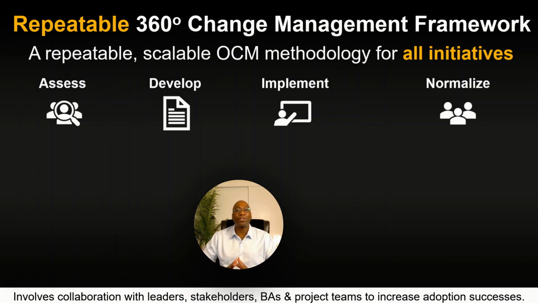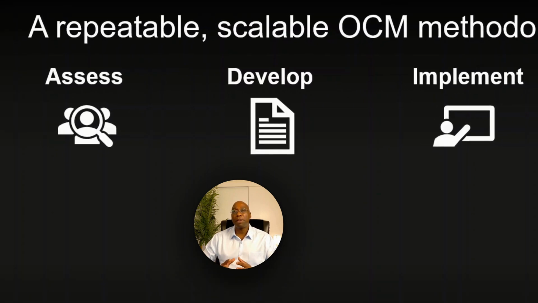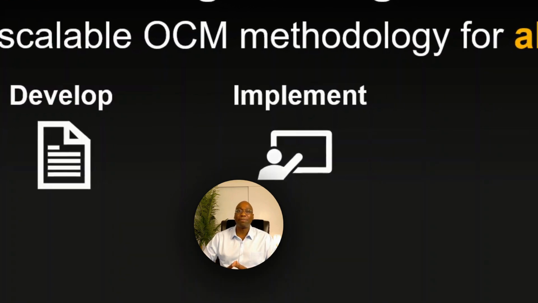As you can see on my screen, the repeatable change management framework has 4 phases: assess, develop, implement, and normalize phase.